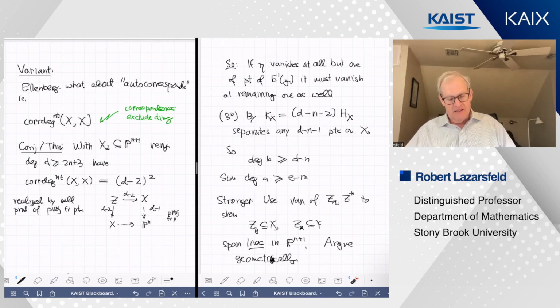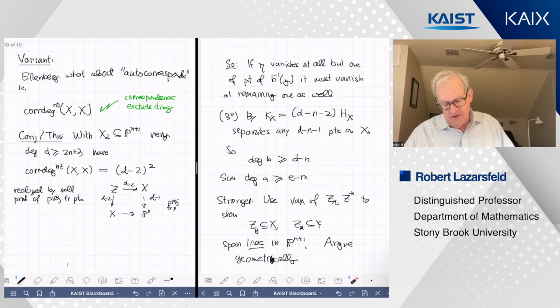Okay, so how does this go? What's the idea here? Let me show you how you prove this kind of weaker inequality. We're going to do the same thing as before, so it starts the same way. What's the Hodge theoretic statement?